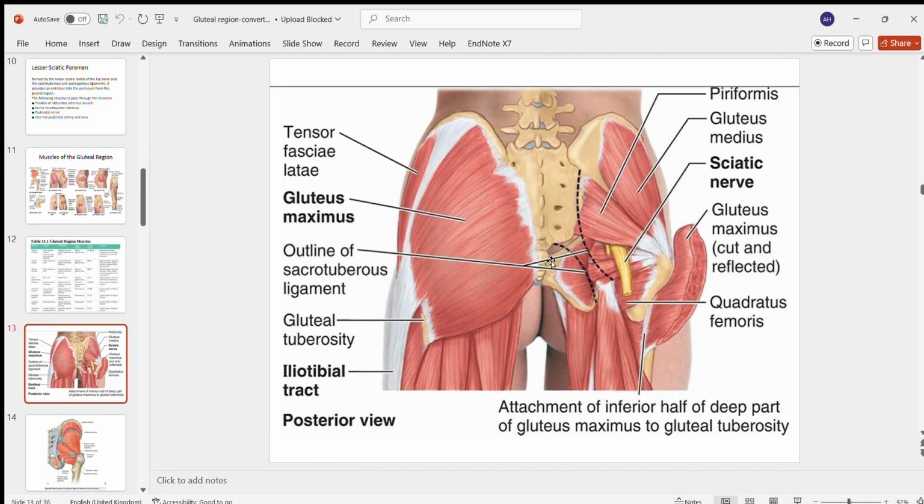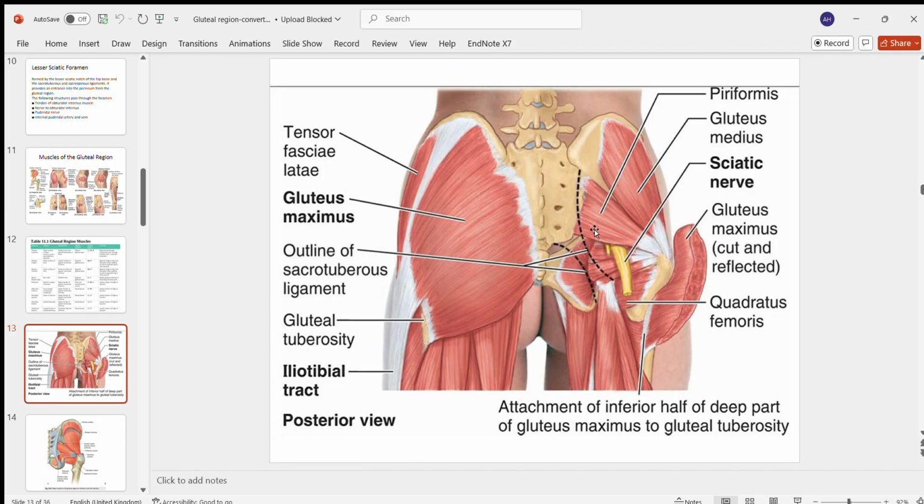Now, the attachment of gluteus maximus is from the posterior gluteal line till the area behind it. In this picture, the gluteus maximus has been removed, and we can see the gluteus medius and gluteus minimus. The gluteus medius is attached from between the anterior and posterior gluteal lines, and it is inserted on the greater trochanter of femur.